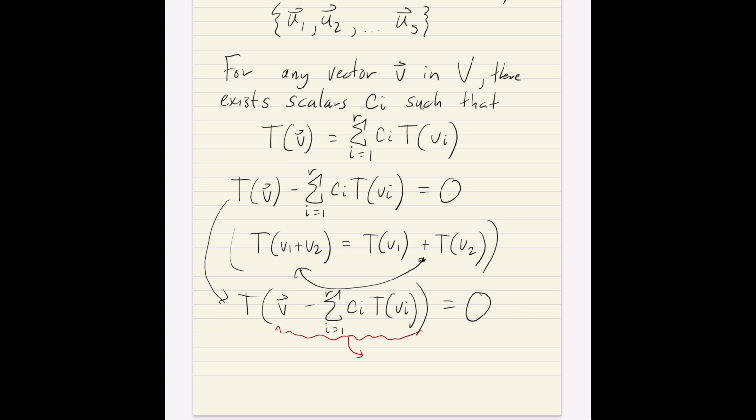This set of inputs is called the kernel of T, and by the definition of kernel, v minus the sum from i equals 1 to R of Ci vi is in the kernel of T.